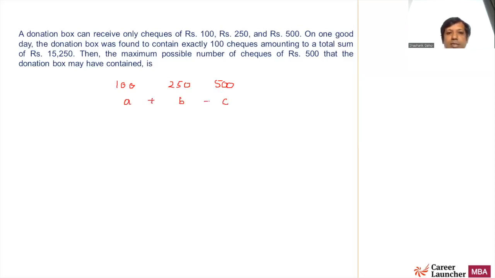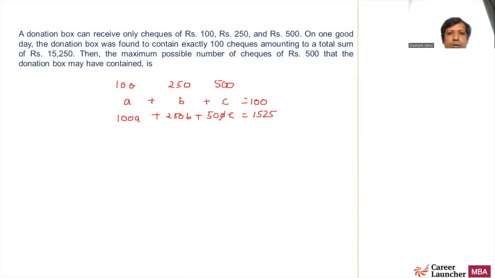Total number of checks is equal to 100. That is my first equation. Now, if I have A checks of 100 rupees, the total amount is going to be 100A. The total amount over here is going to be 250B, and total amount over here is going to be 500C, and this comes out to be 15,250.